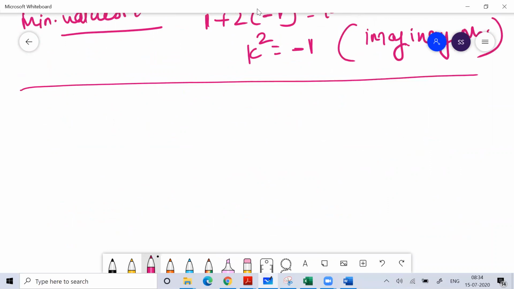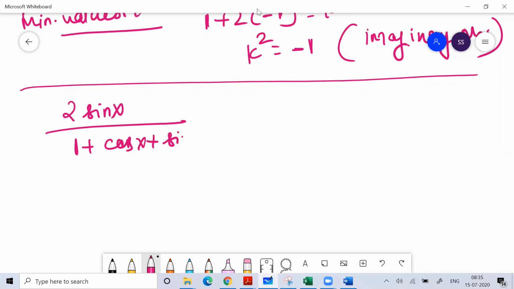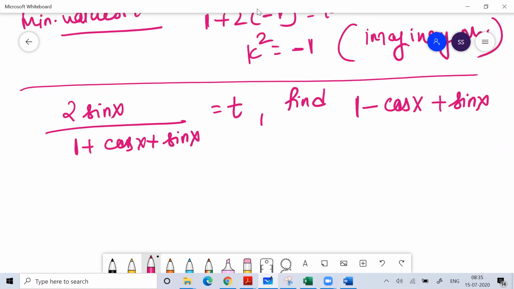It is given that 2 sin x by 1 plus cos x plus sin x is t, and you have to find 1 minus cos x plus sin x divided by 1 plus sin x.